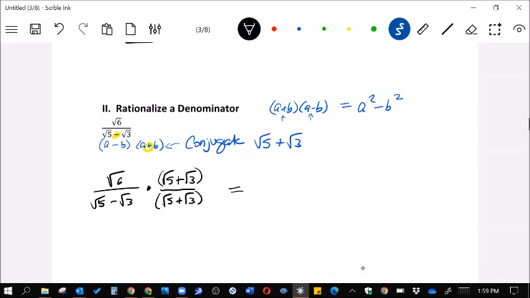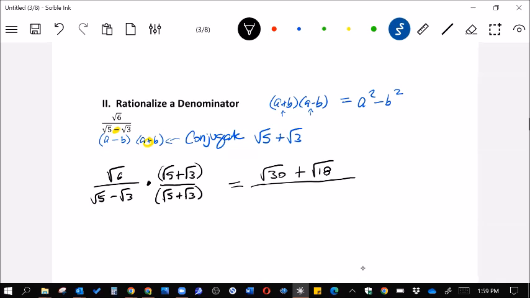On the top, I get square root of 6 times square root of 5, which is square root of 30. And I have square root of 6 times square root of 3, which is square root of 18. We'll come back to that. On the bottom now, I have square root of 5 times square root of 5, which is 5. I have square root of 5 times square root of 3, which is square root of 15.